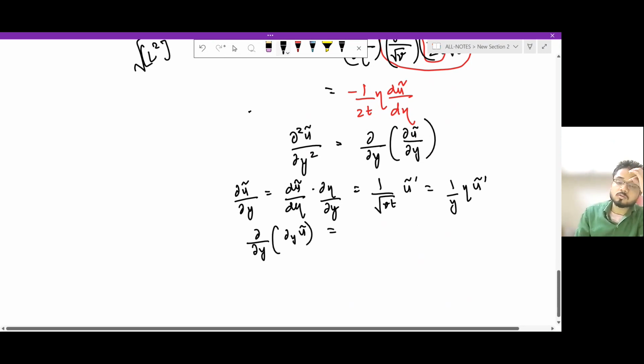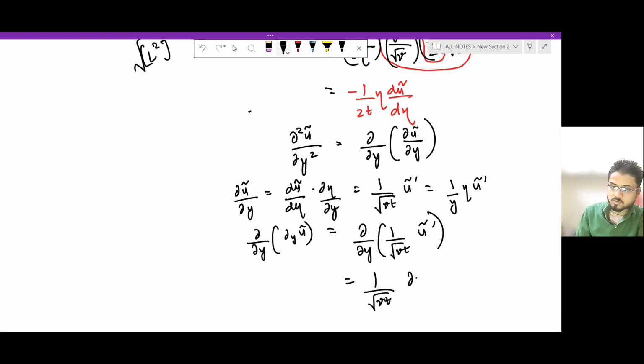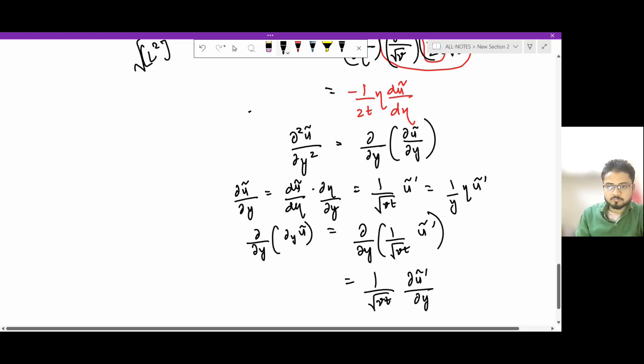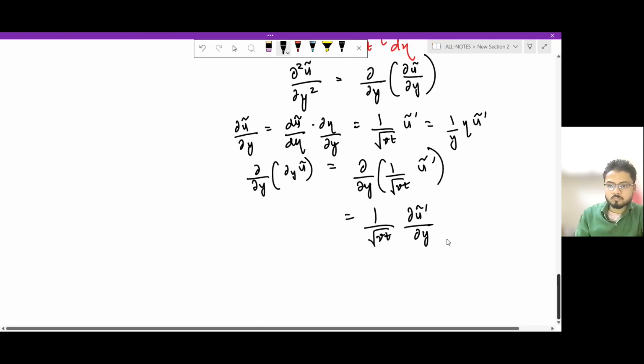So maybe we could proceed like this: ∂/∂y of 1 over the square root of νt times ũ′. And that would become, since when partially differentiating with respect to y, νt would be constant, ũ′ by ∂y. Okay, and this is easy to calculate, right?